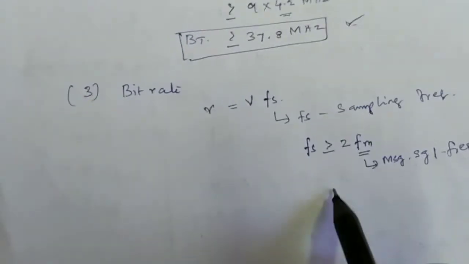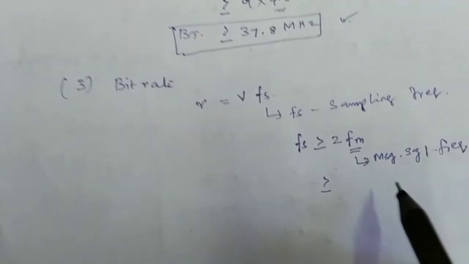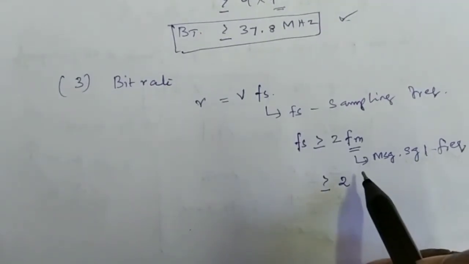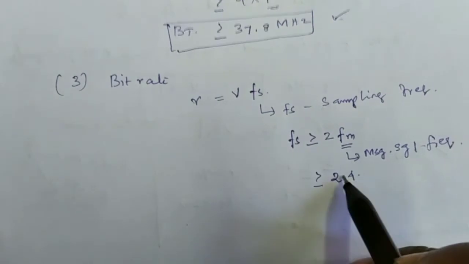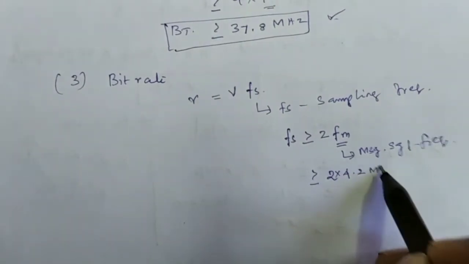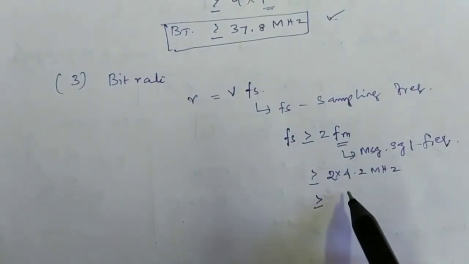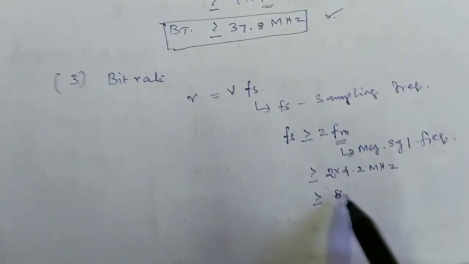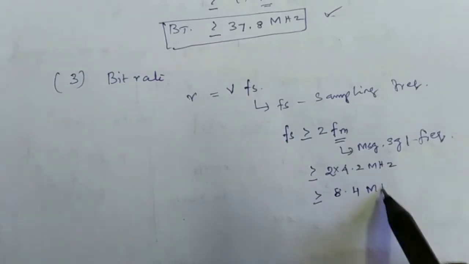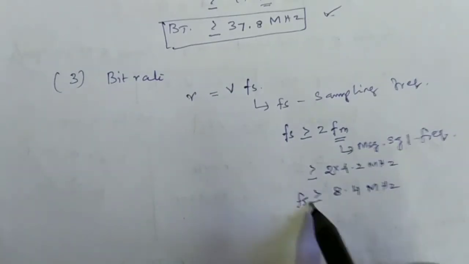Here the message signal frequency is 4.2 MHz, so Fs is equal to 2 into 4.2 MHz, which is 8.4 MHz.